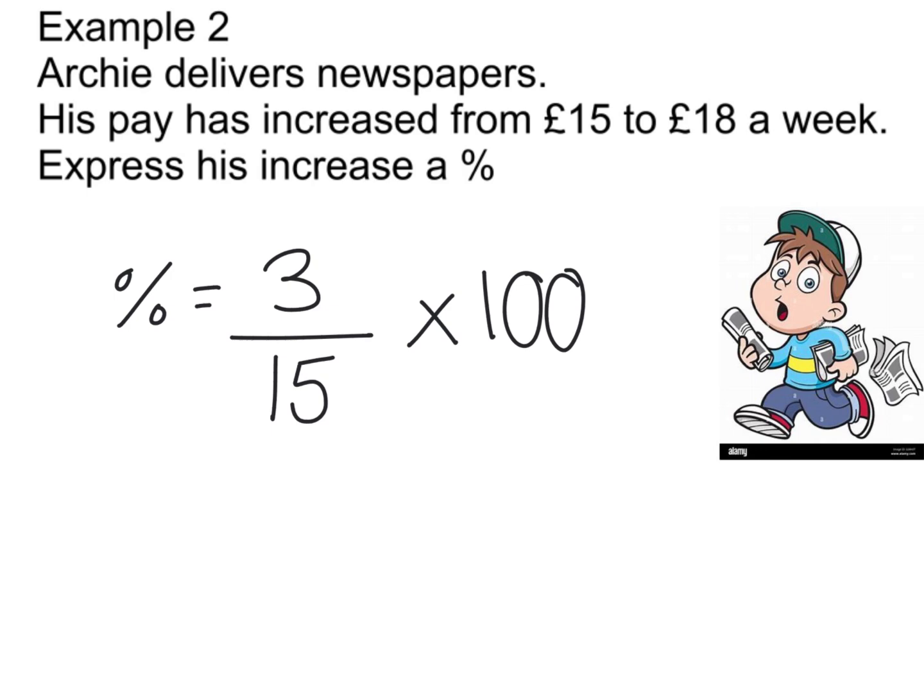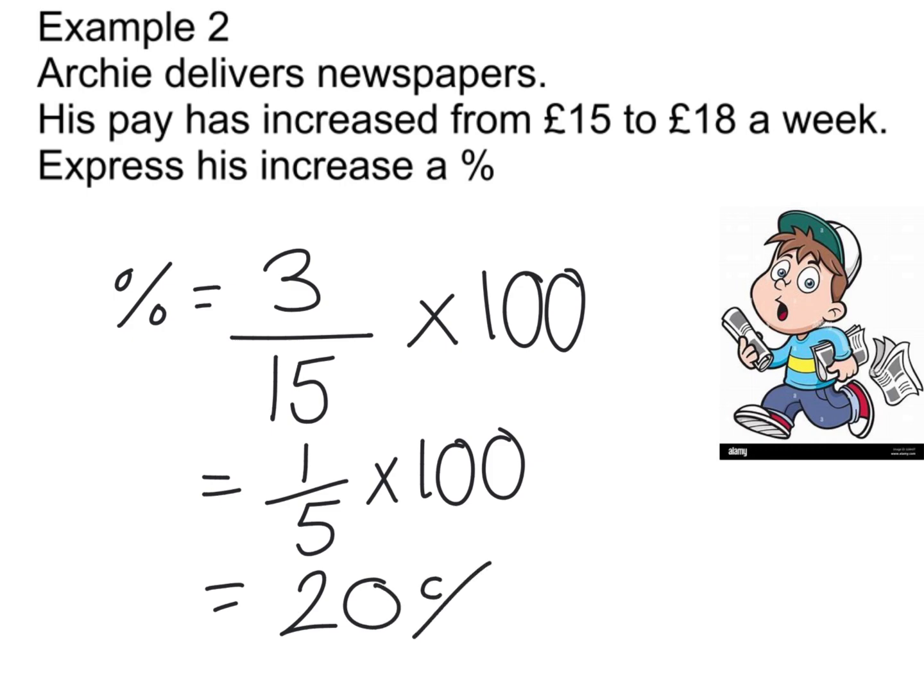I'm going to pretend I don't have a calculator right now. 3 out of 15 is the same as 1 out of 5. They both divide by 3, which is a fifth of 100, which is 20%. This is me just showing how to do it without a calculator, so this bit doesn't actually need to be there. Your calculator would have got you straight to 20%. Top divided by bottom times 100.